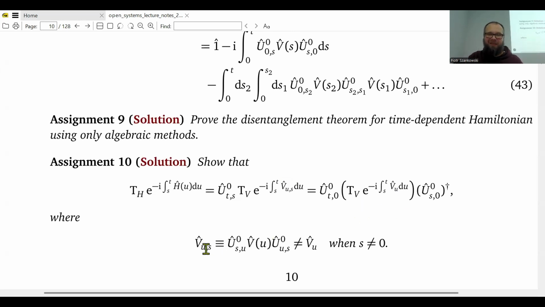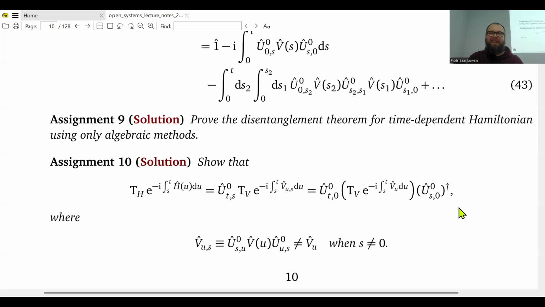V of U, S is the interaction picture, but using the U0 that goes from the initial S to the argument U. But you can still insist to disentangle from this U0 that goes from 0 to t in your reference time. And this is where you recover our original V of U. But there is a price to this, because another guy appears on the right.